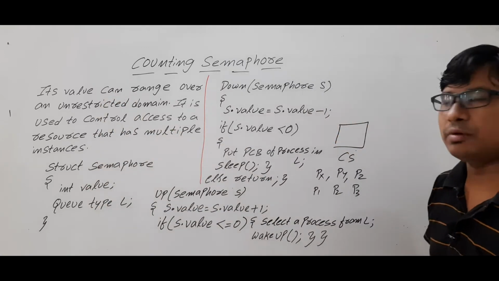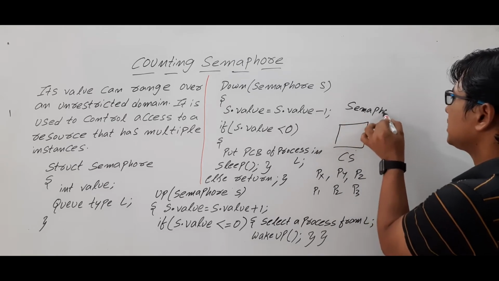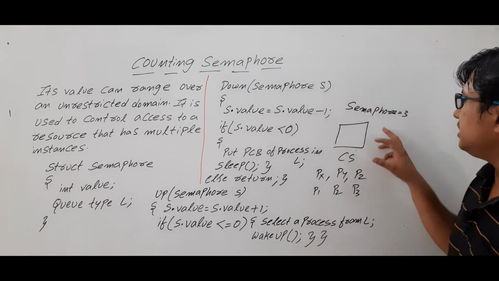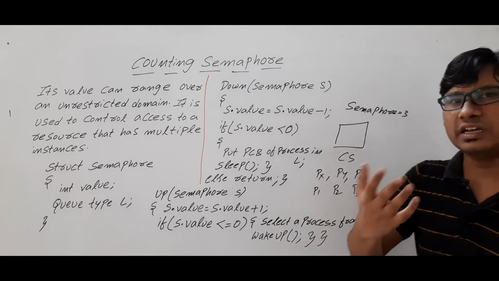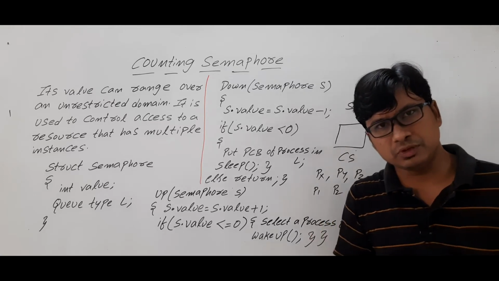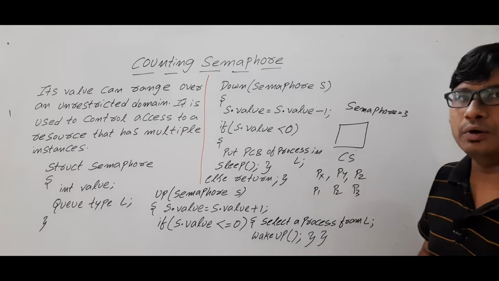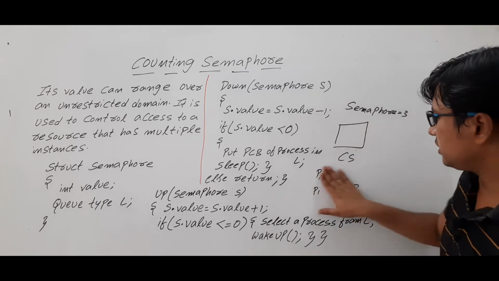So the counting semaphore value will be kept as 3. If this value is 3, three processes can enter into the critical section. Are we providing mutual exclusion? No. Are you able to understand it or not?